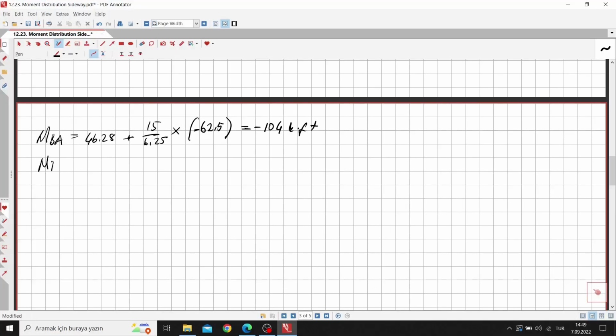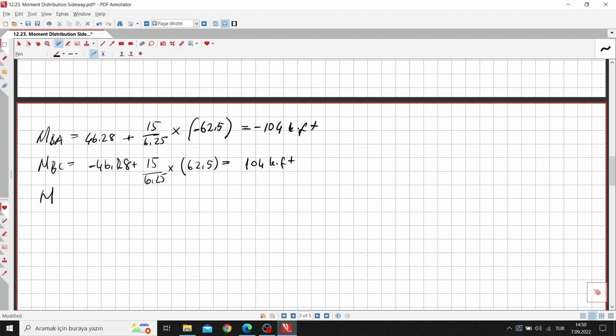For moment BC, that will be equal to minus 46.28. This is the first moment I found, plus 15 over 6.25 times 62.5 is equal to 104 kip-feet, okay?